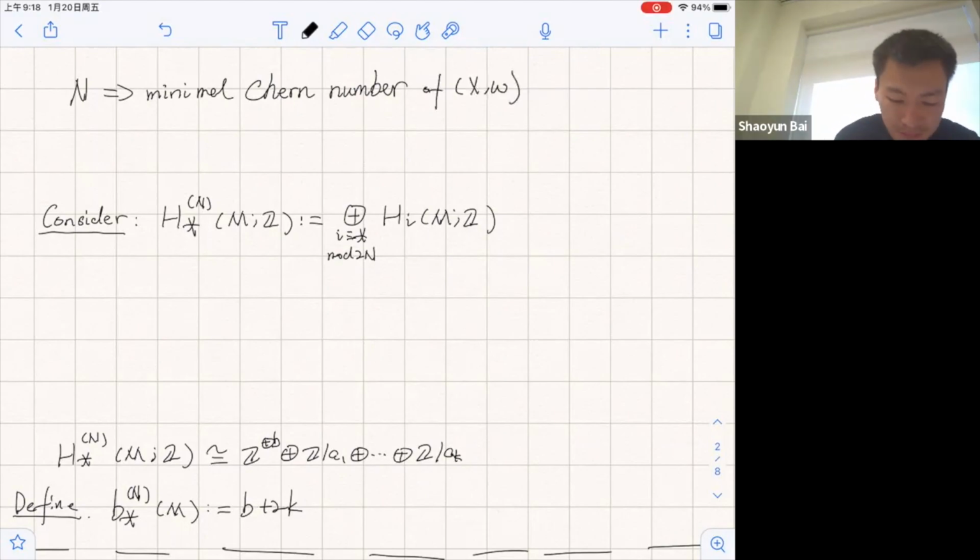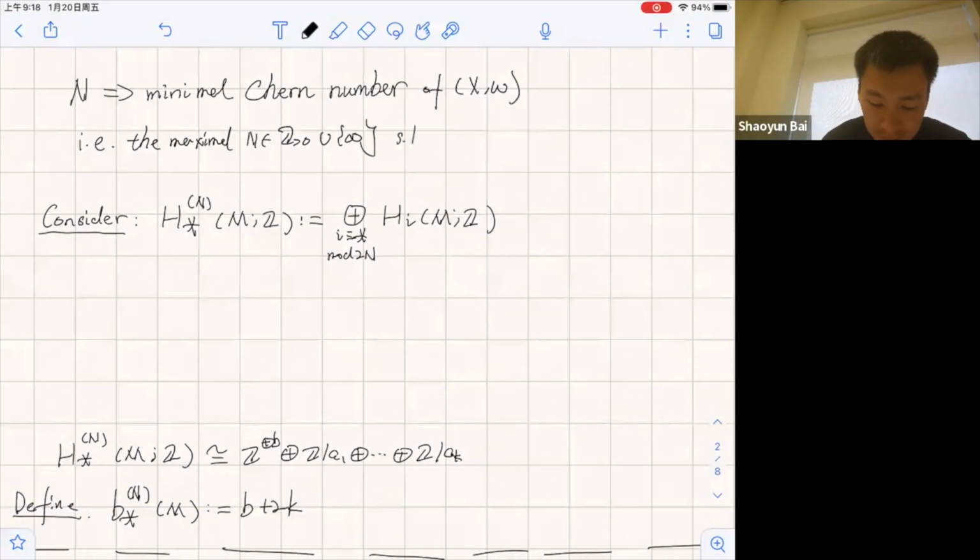In other words, n is defined to be the maximal positive integer, it could be infinity, such that if we divide the first Chern class of my symplectic manifold by the number n, it's still an integral cohomology class.